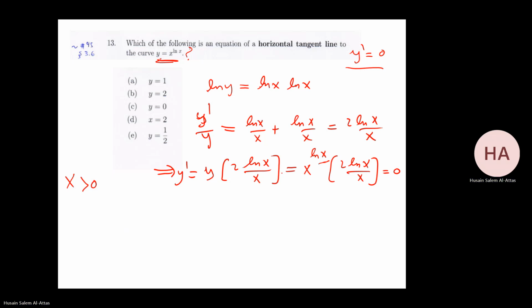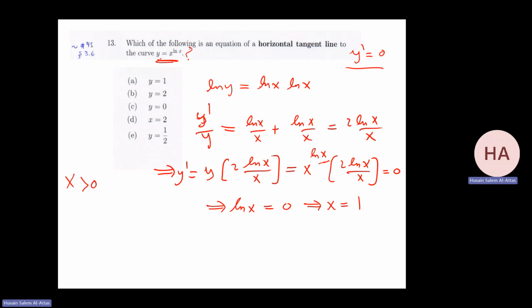So I have ln x equals 0, or x equals 0. x cannot be 0, because it must be greater than 0 for ln x to be defined. So that means x equals 1.